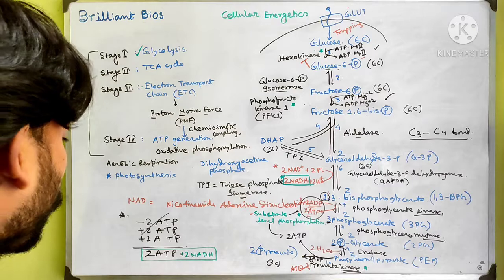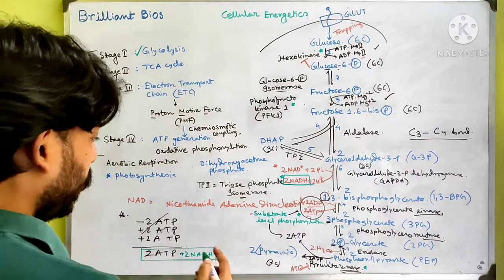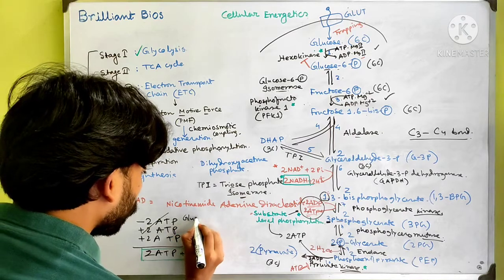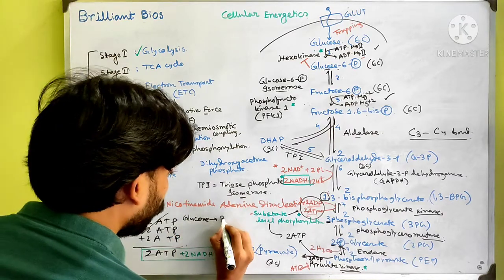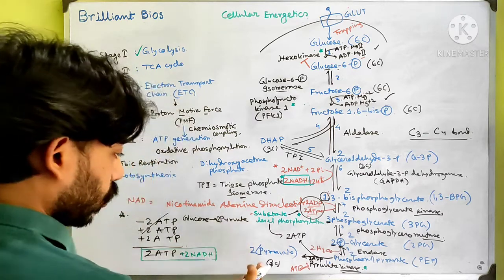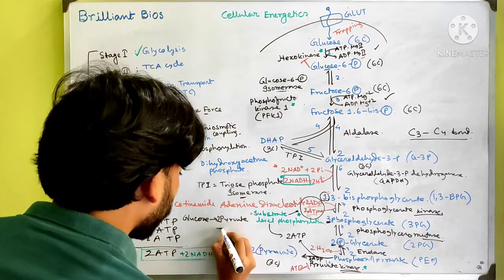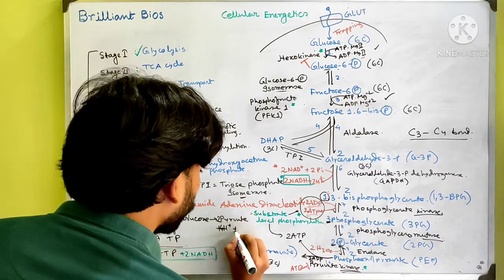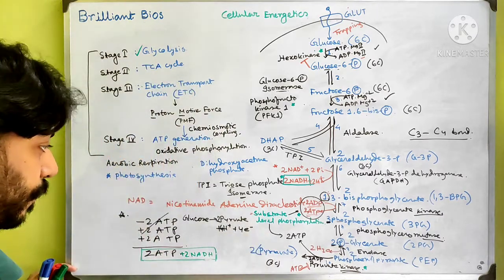Another thing is, I can write the overall reaction from glucose to pyruvate, because two molecules of pyruvate are produced. But here, 4 hydrogen ions and 4 electrons are released.